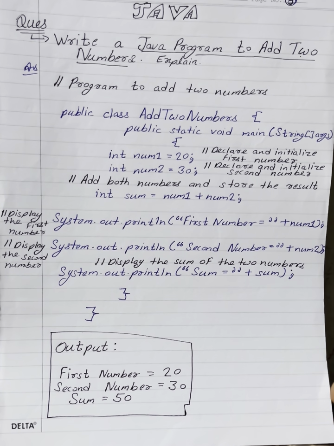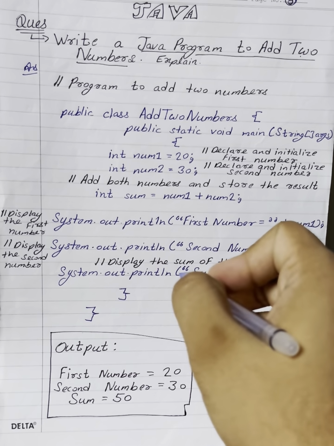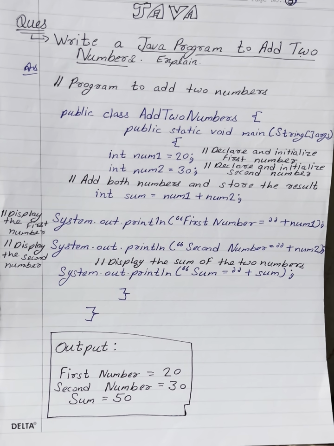Along with the values, descriptive text such as first number, second number, and sum is displayed to make the output clear and easy to understand.